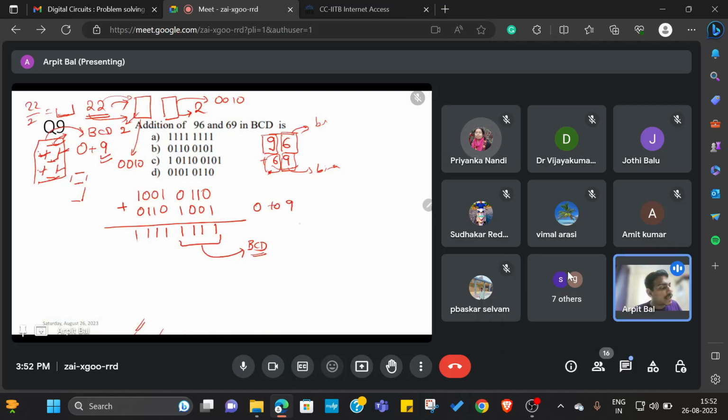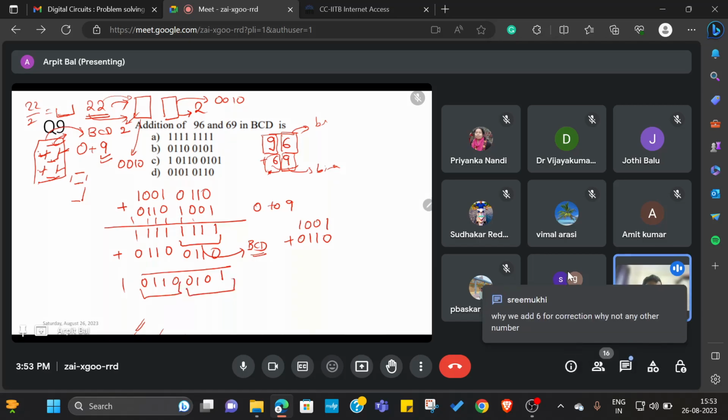Whenever we arrive at any number greater than 9 in BCD, we add 6 to it. 6 is 0110, to make it a valid BCD number. So let us do the same thing in both the digits. Here we will add 0110, and here we will add 0110. Now what we have is a valid BCD number.